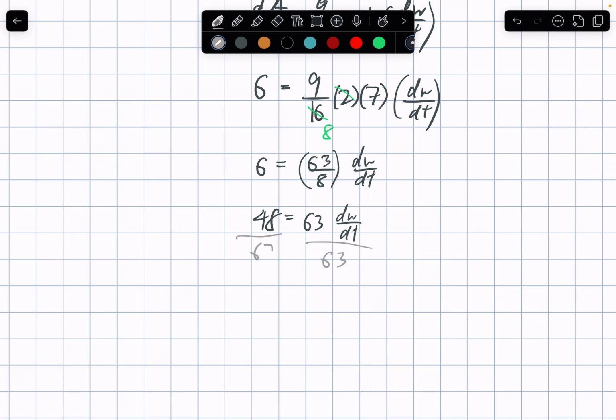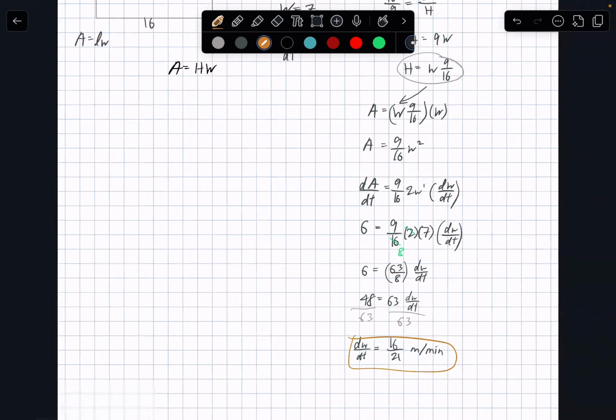Divide. 21. So this is the answer. We just simplified 48 over 63.